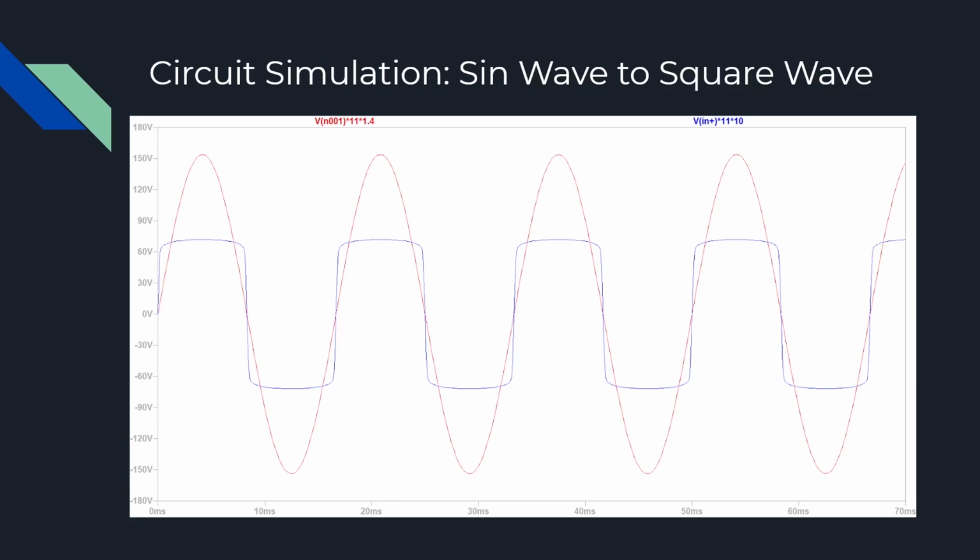The reason we need to convert the sine wave to a square wave is that if we just use a sine wave, after integration it will simply become a cosine wave. But if we use a square wave, after integration we get a triangle wave.